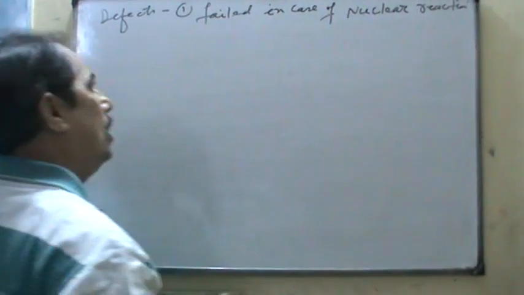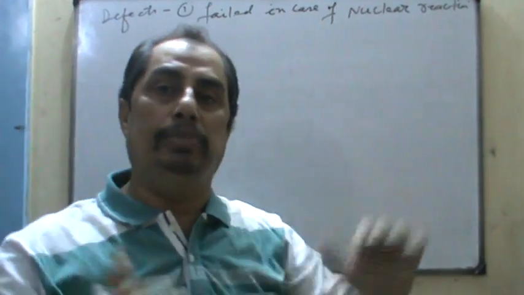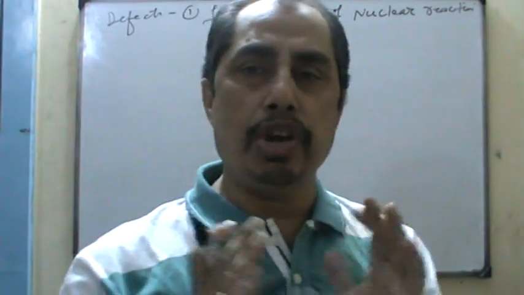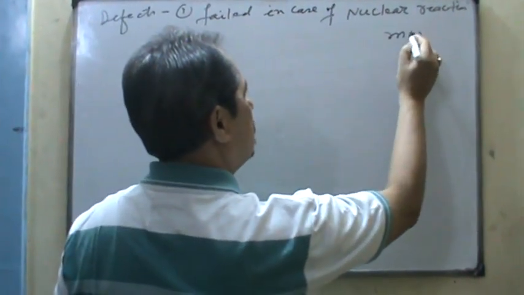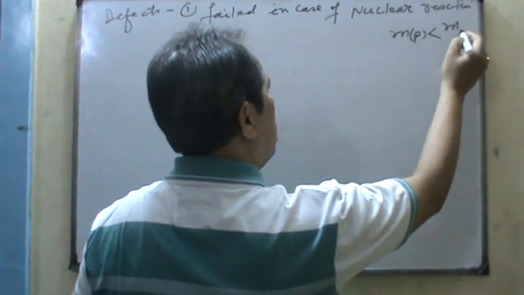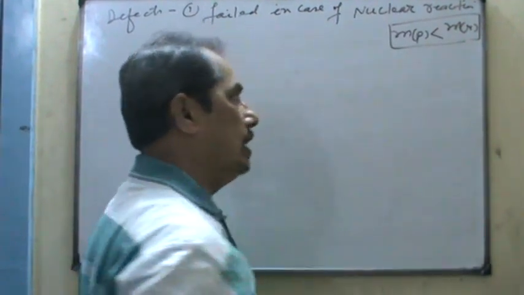For example, the mass of the product is always lesser than the mass of the reactant. This is the feature of the nuclear reaction.